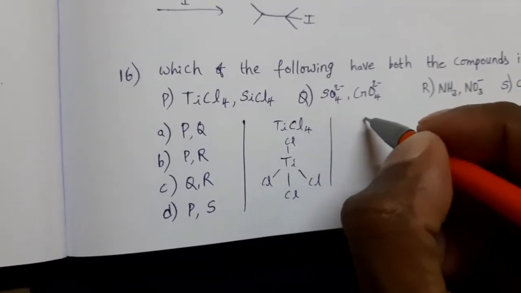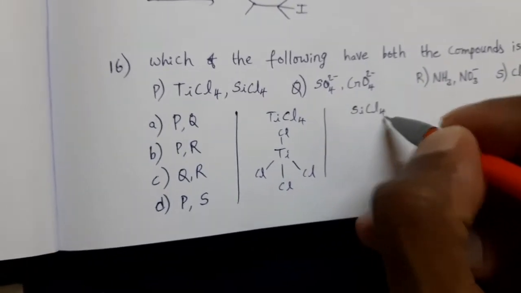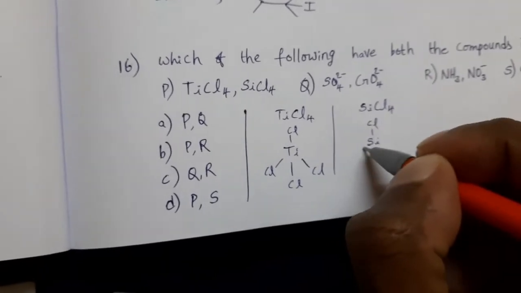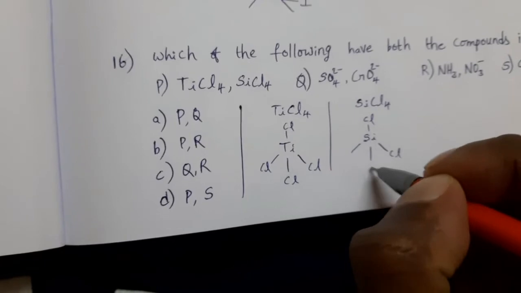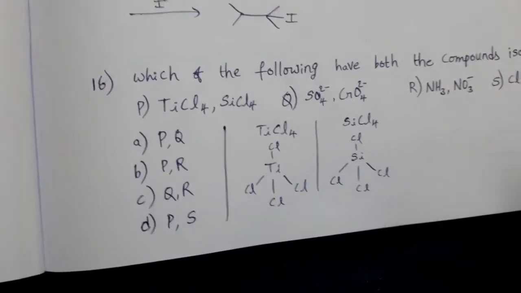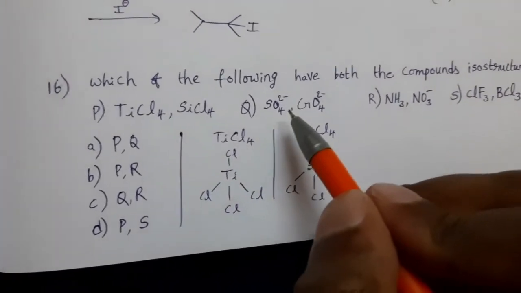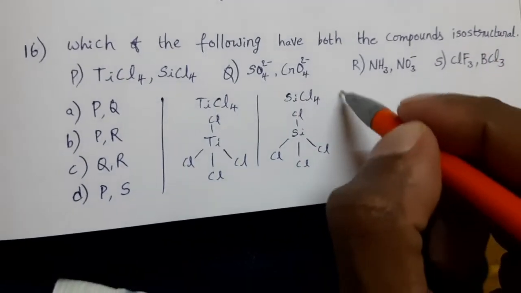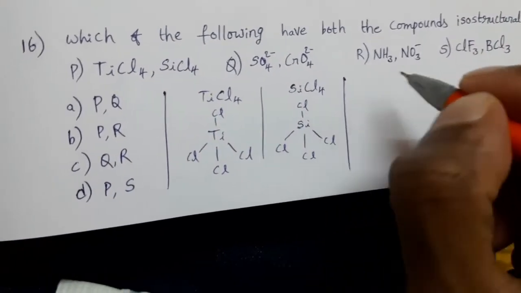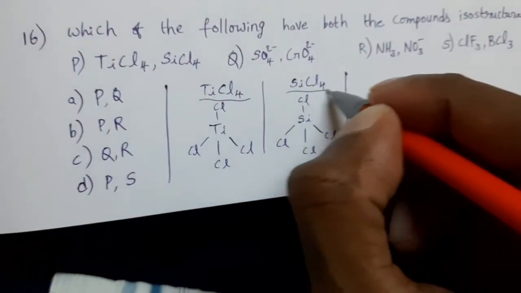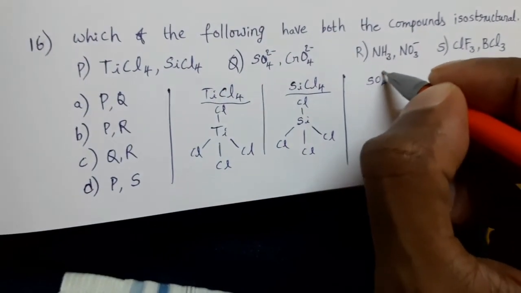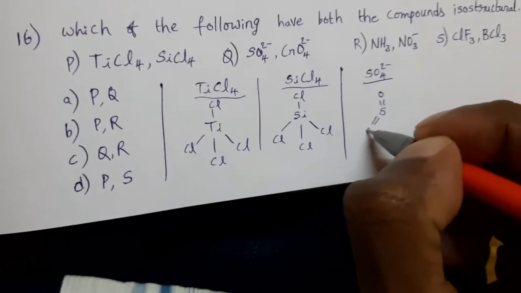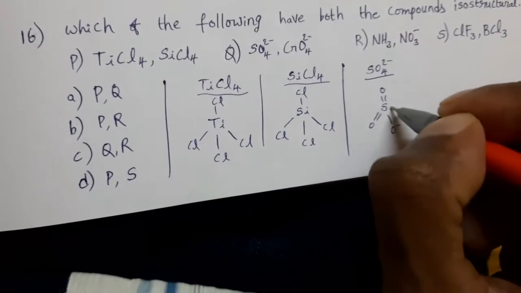Next, SiCl4, silicon tetrachloride. This one also has a tetrahedral structure. And the second option Q, SO4 2 minus, sulfate ion, and CrO4 2 minus, chromate ion. In SO4 2 minus, sulfur is the central atom with double bonded oxygen.